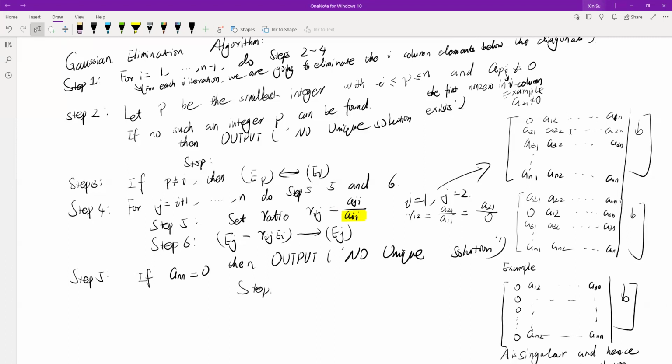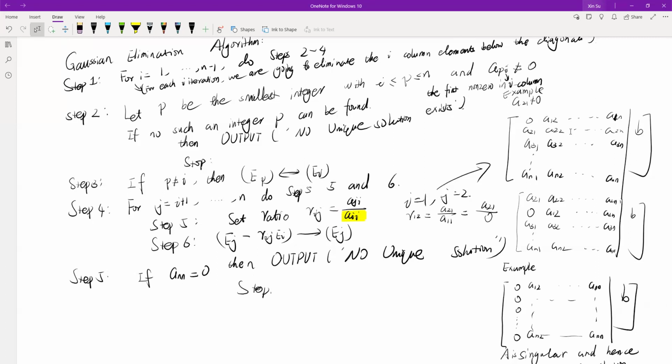We cannot find a non-zero element here. This is the case for the first situation. If you cannot find any non-zero element in the first column, you have all 0 for the coefficients of x1, which means this system is singular, and x1 can be any value, right? So there is no unique solution.